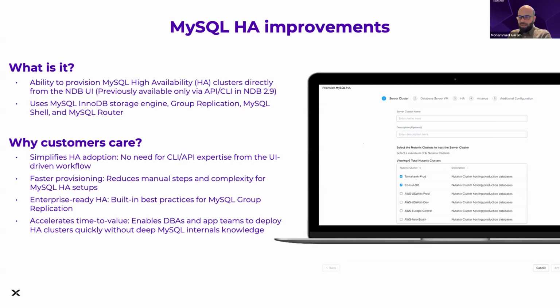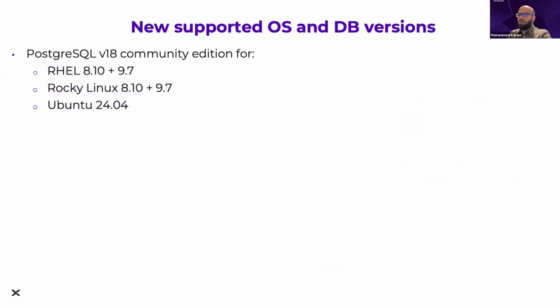This likely reduces the time to provision a cluster. There's a reduction in the manual steps, and it's very straightforward. It's not complex. It just basically makes your productivity booster across the board. So that is also something that has come in.